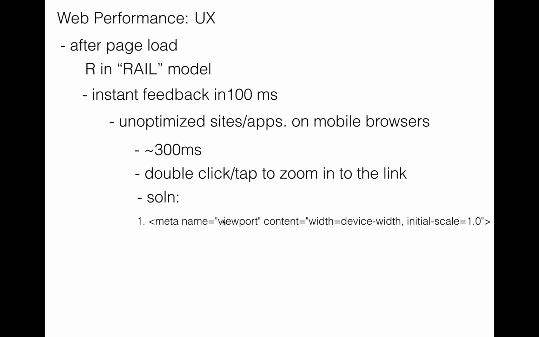Alternatively, we can also make use of a selector called touch-action: manipulation. This selector could be applied to the entire body or to a particular element, according to the requirements, and it will also disable the double tap to zoom in.